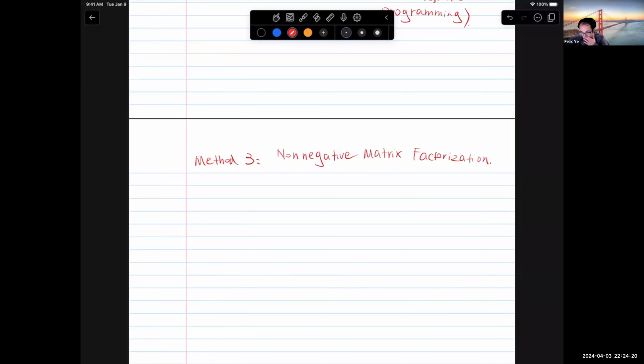Right now, I want to remind you of my W and H. We have A approximately equal to W times H transpose, as a matrix. W is basically how much the user likes each topic.